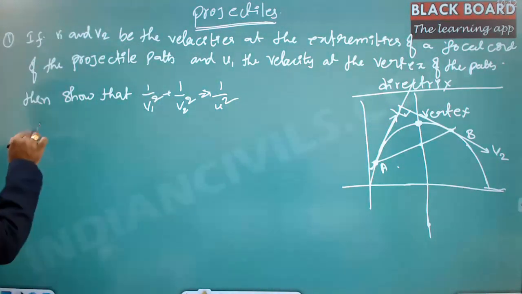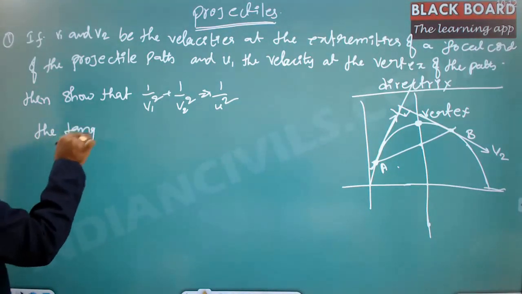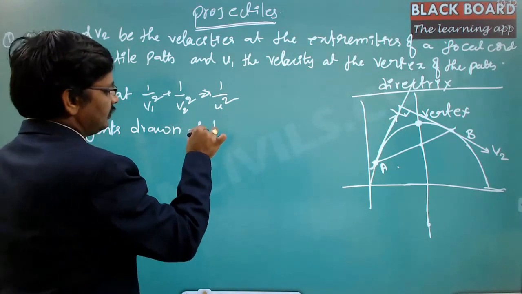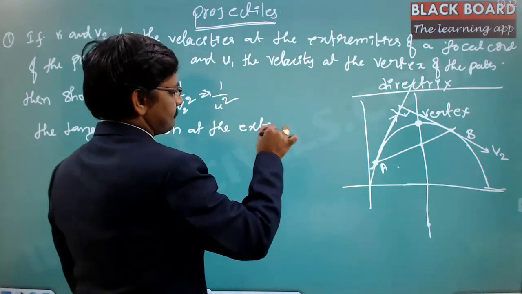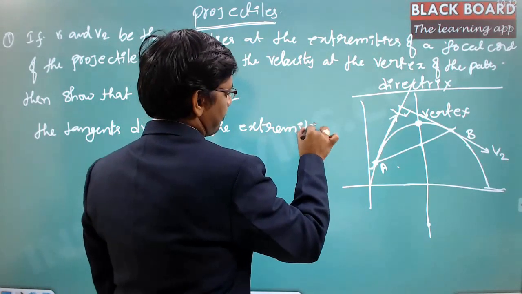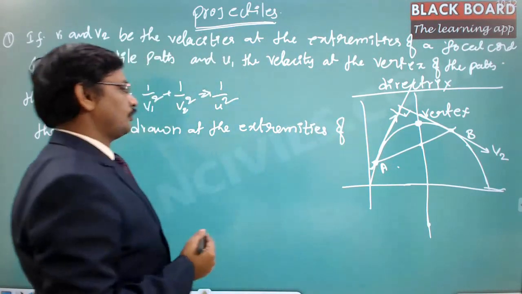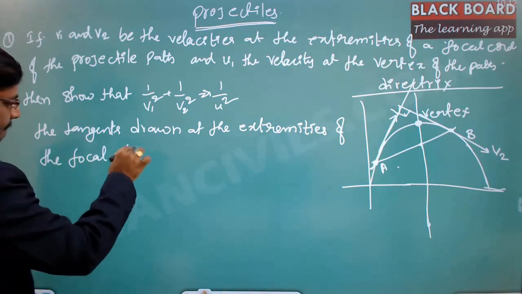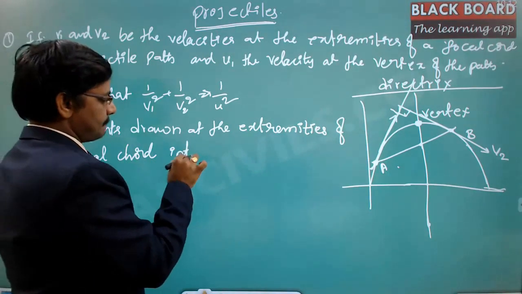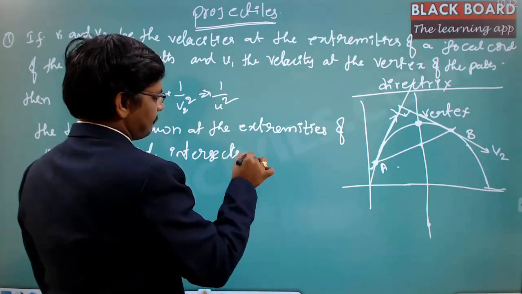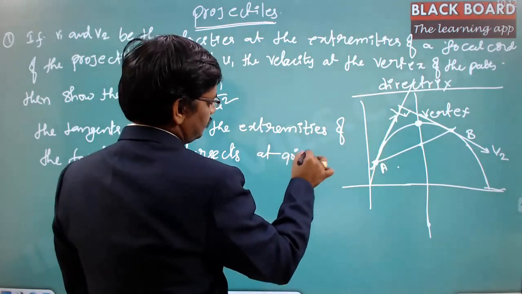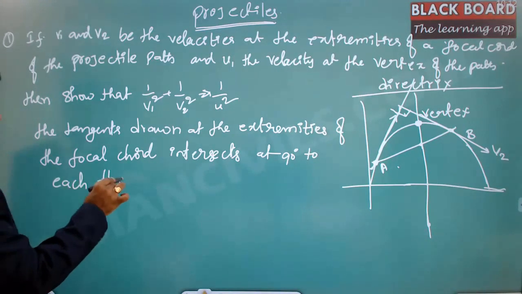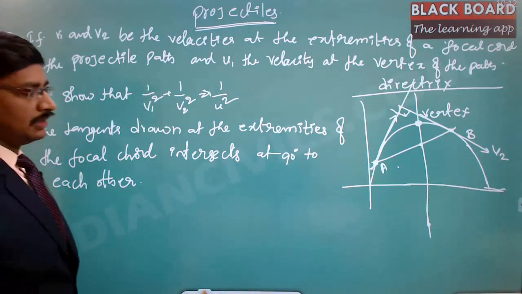So the tangents drawn at the extremities of the focal chord intersect at 90 degrees to each other.